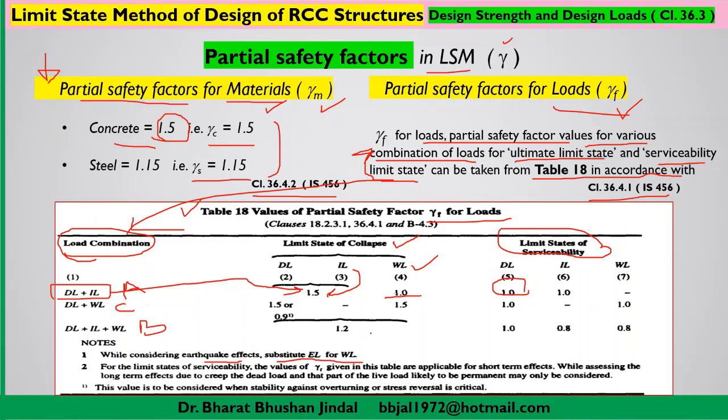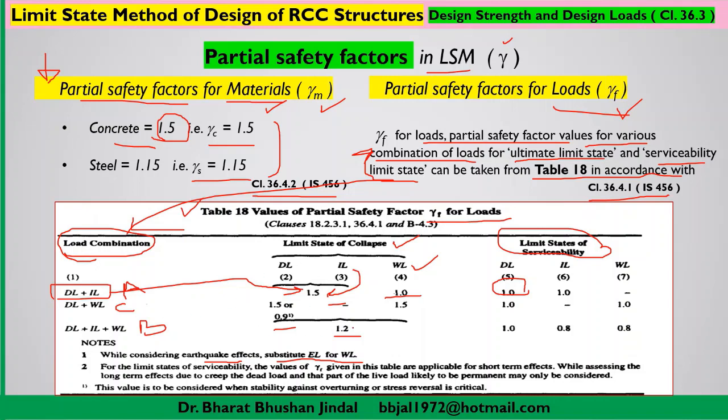Why have we taken so much variation? Or in other words, why is the partial safety factor varying from 1.5 to 0.9 or 1.5 to 1.2? Why is it decreasing when you change the type of combination of load?